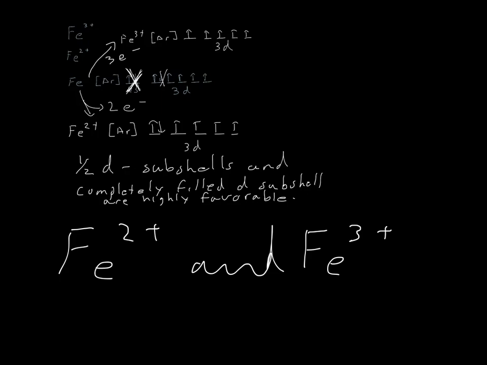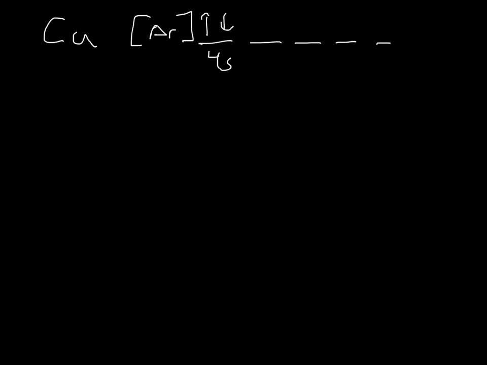Another example of an element that does this is copper. Let's take a look at the electron configuration of copper. Copper has an electron configuration of argon 4s2 3d9.